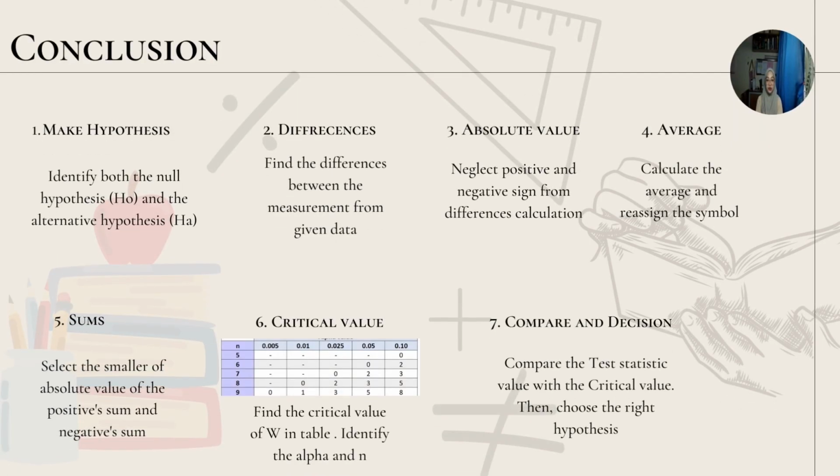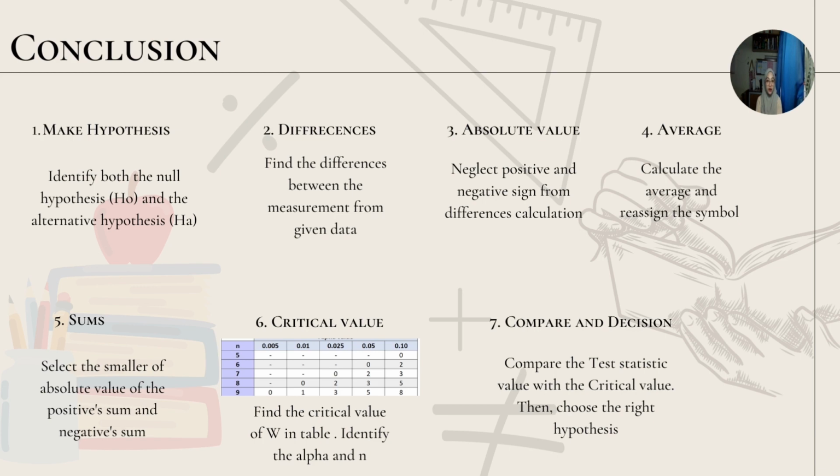So here is the conclusion part of our group on how to solve the problem and complete the Wilcoxon signed-rank test. First, we make the hypotheses, where we identify the null hypothesis and alternative hypothesis. Next, we find the differences between the measurements from the given data in the question.